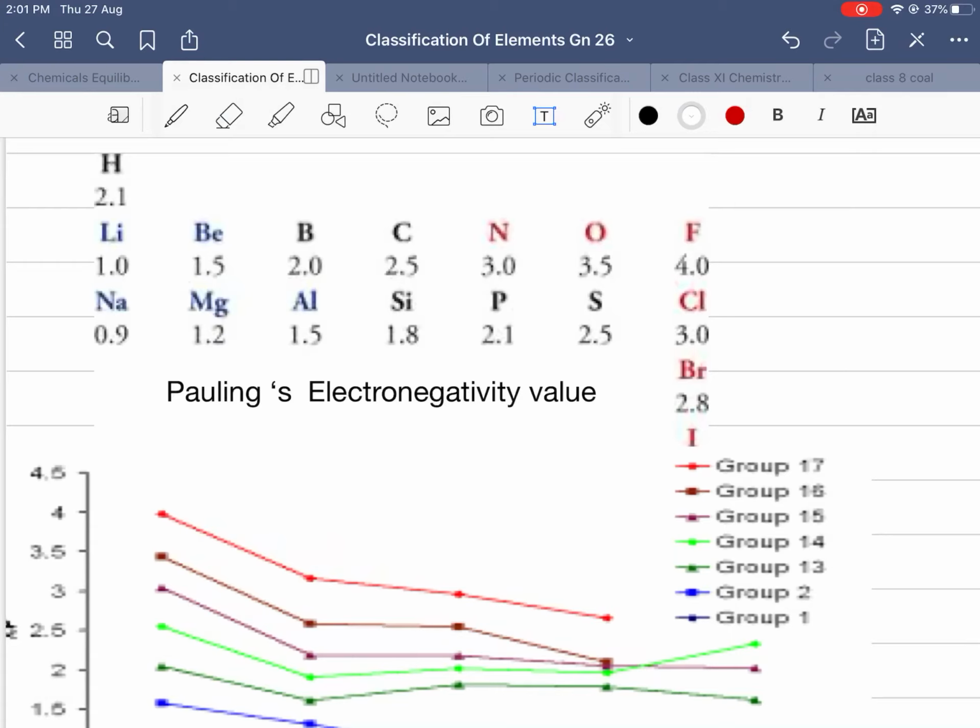For example, X and Y: if Y possesses more tendency to attract the bonding electron pair towards itself than X, that means Y is said to be the more electronegative atom.